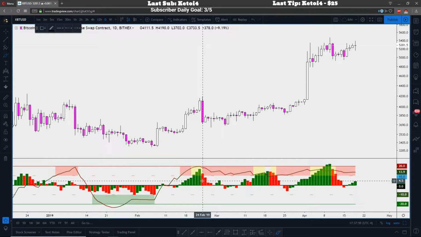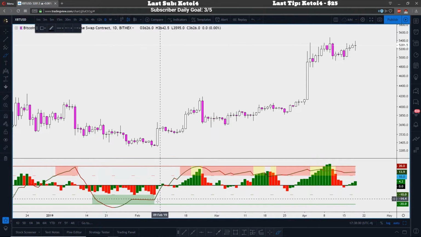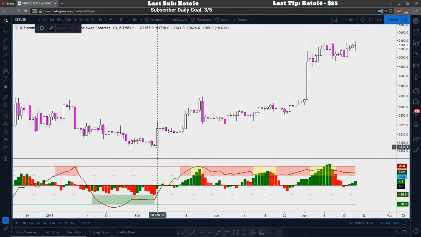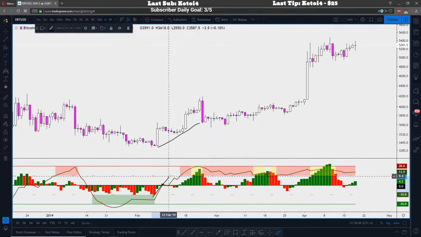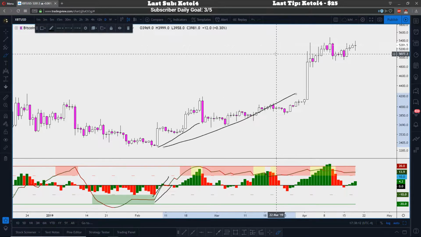It is very fast. So it's always going to be choppier. Just pay attention to the overall direction of the histogram. The trend line is going to be much easier to find the overall direction. So if your price is rising, and your histogram is rising, and your trend line is rising, that is a very strong uptrend.